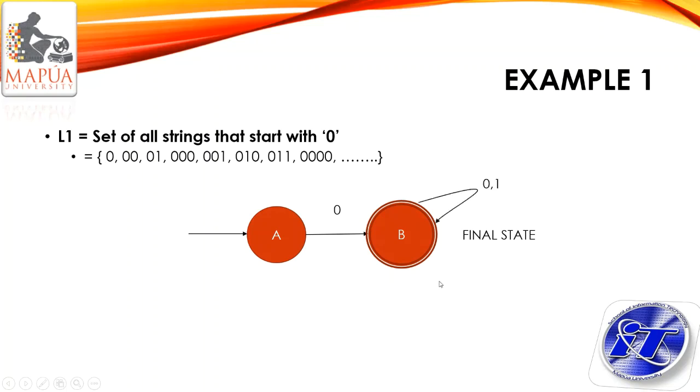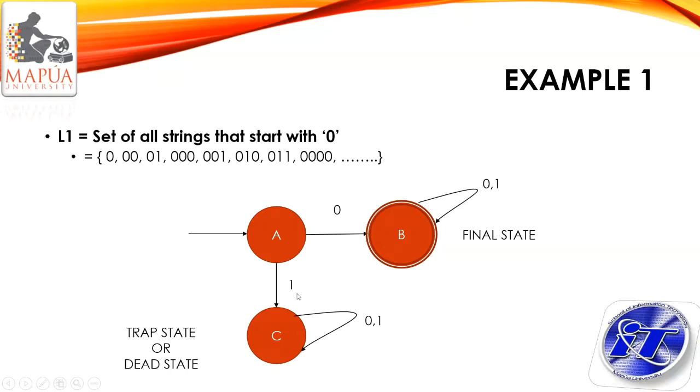Okay, but in case the string starts with 1, where will it go? Starting with 1 means it's rejected, not accepted. So it should go to a trap state. Let's call it state C. Anything after 1 will be looped in state C, since it's already been rejected because of the start bit.